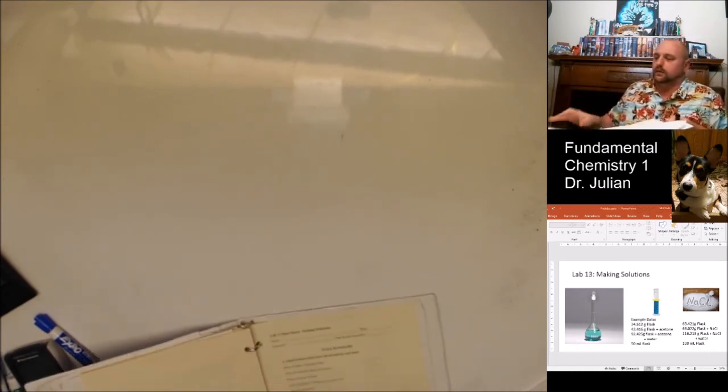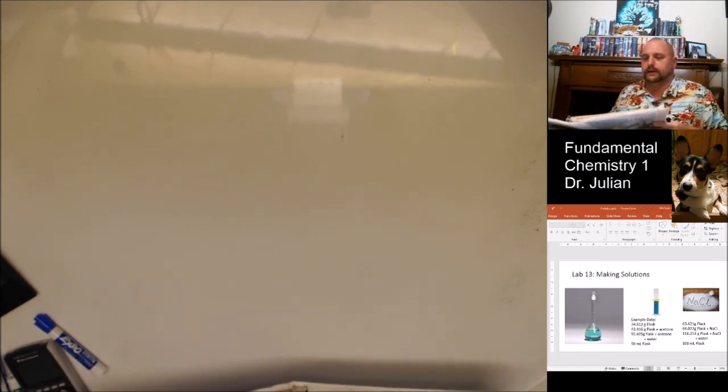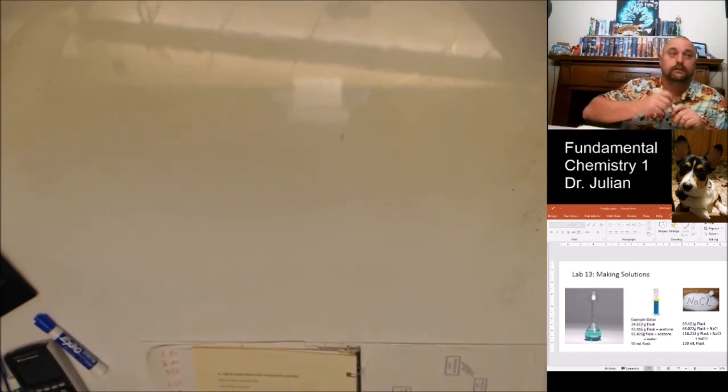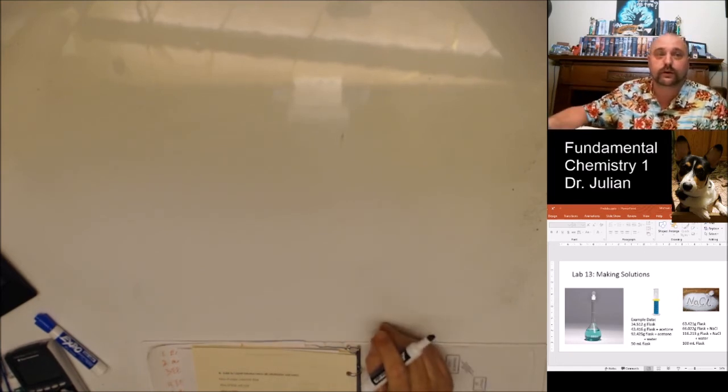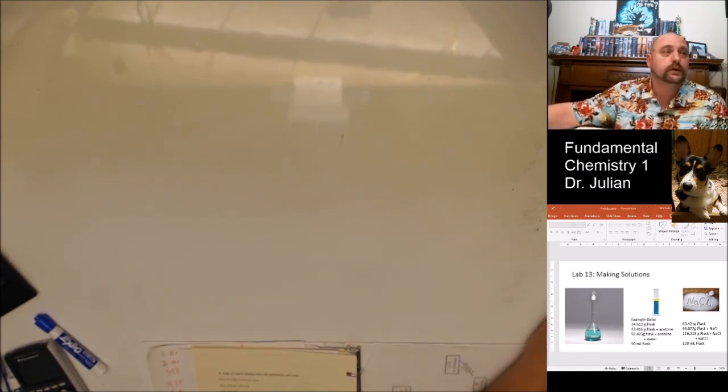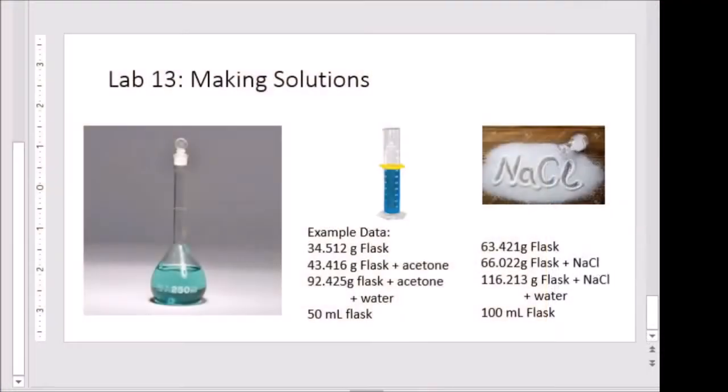When I switch over here and I do part B, looking at my data, the empty flask was 63.421. The flask plus the salt was 66.022. So how much salt did I have?